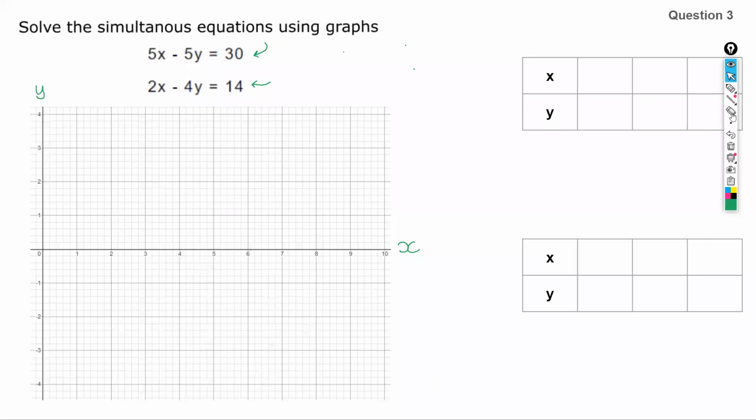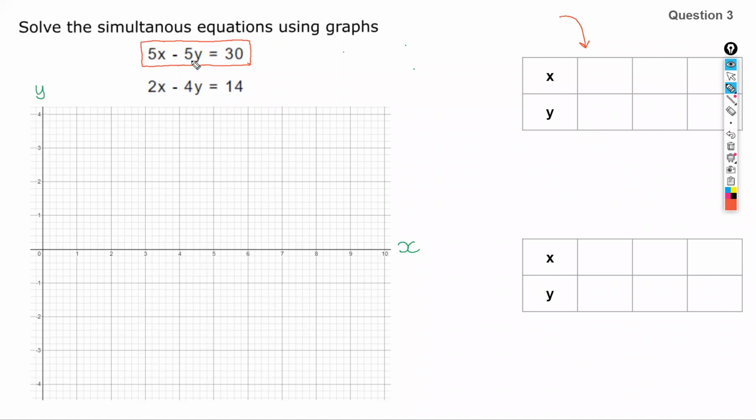So we have two graphs to draw because they gave us two equations. Now this could get a little bit complicated. So what I'm going to do, you see the first equation, I'm going to do everything in red, and we're going to use the top table here.